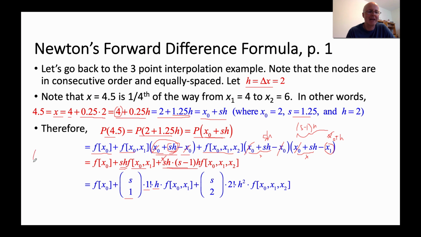Remember that in general, s choose k, even when s is not a whole number. Well, okay, let me say it this way. When s is a whole number, is s factorial divided by k factorial times s minus k factorial, and my dots are not coming out here.